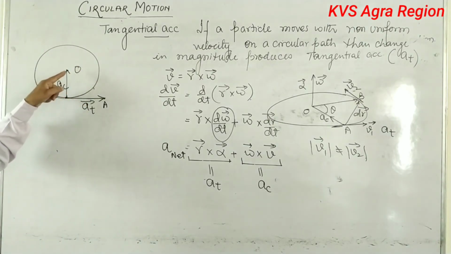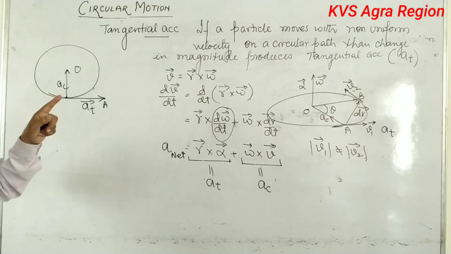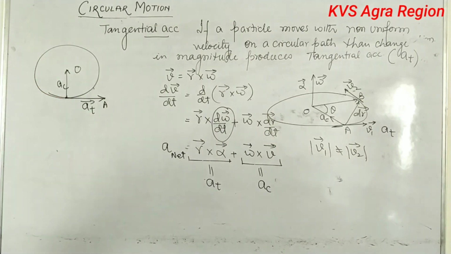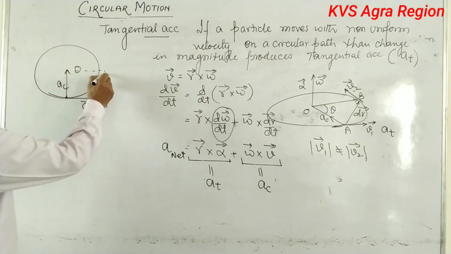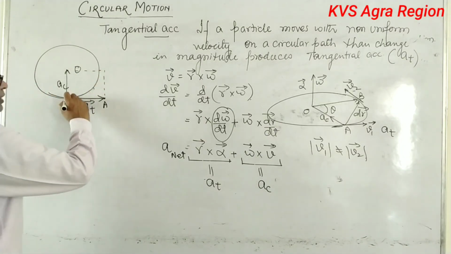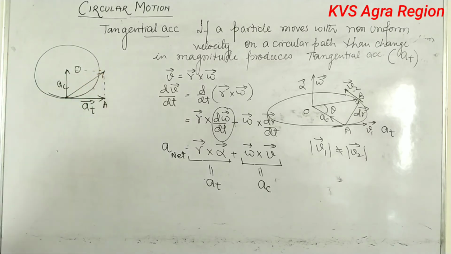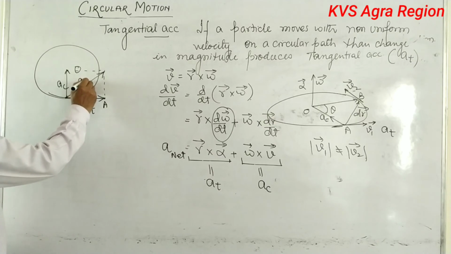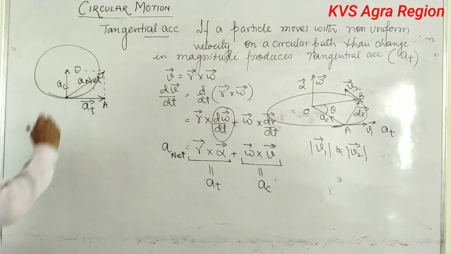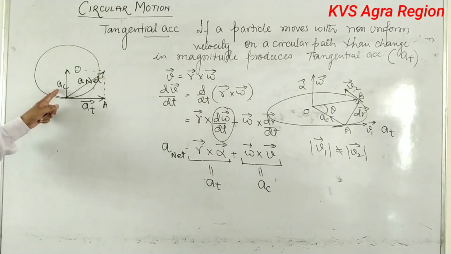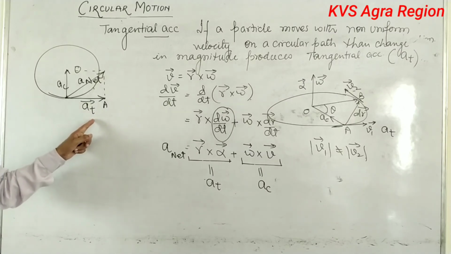Okay, this is AT. Now, if these are the two vectors, what will be the resultant vector? Draw the parallelogram. This will be the direction of the resultant. Okay, this is A net, net acceleration of centripetal and tangential acceleration.